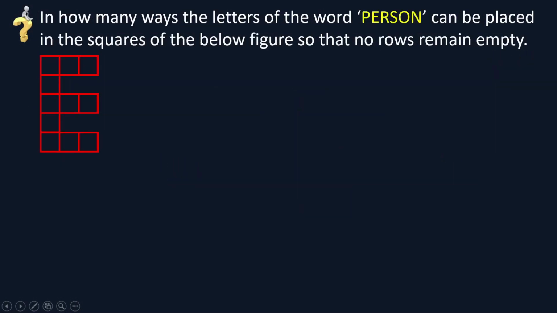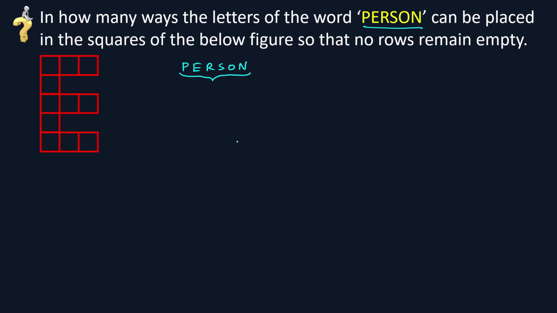See this question. In how many ways can the letters of the word PERSON be placed in the squares so that no rows remain empty? Now the question is here, PERSON, P-E-R-S-O-N. Here they are not identical, right? So they are distinct.